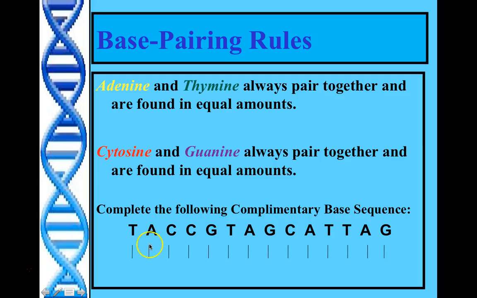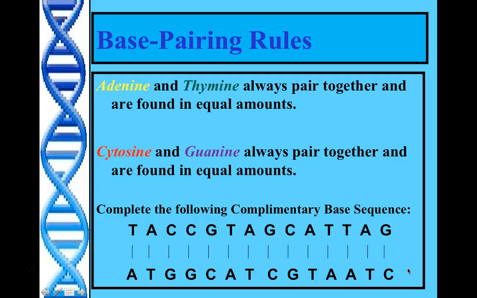These lines here would be representing hydrogen bonds because it's bonding the 2 nitrogenous bases together. Remember, these are the weak bonds. So if we ever see a T for thymine, we will always see an A. If we see an A, we'll see a T. If we see a C, we'll see a G, G with C, and vice versa. So they're always going to match up with their other pair.